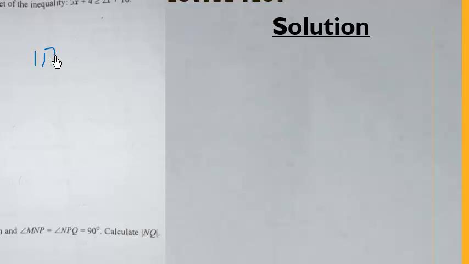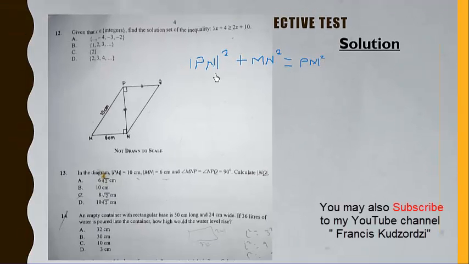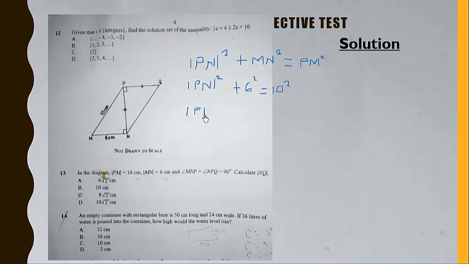Now for this, we want to calculate the value of NQ. So from triangle PNM, we use the Pythagoras theorem to find the length of PN first. So PN squared plus MN squared, which is 6 squared, is equal to PM squared, which is 10 squared.